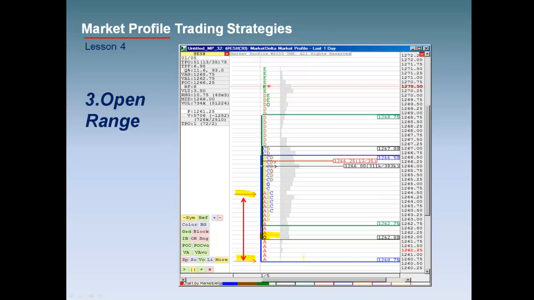So in this case, my open range is all the way from 1260.75 all the way up to 1264.50. That's my open range.